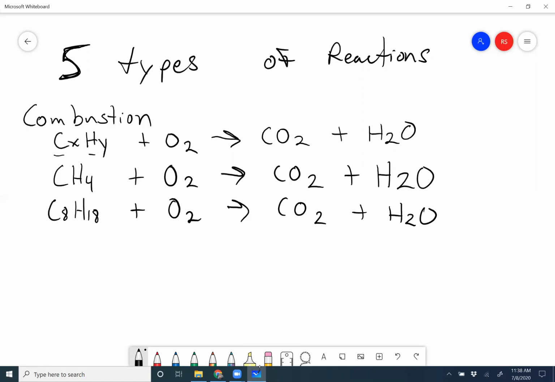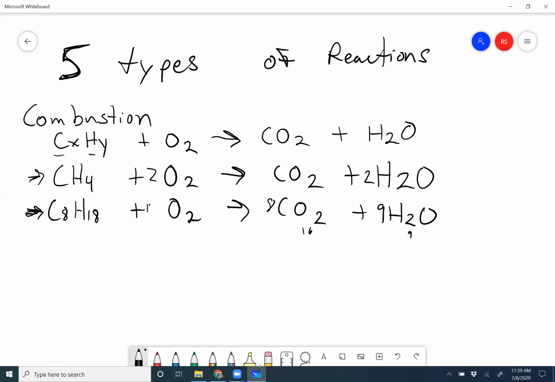And of course, these are fun to balance because sometimes you'll need to do that half an oxygen trick. For the methane one, you don't need to do that because it's very simple to balance. You just simply put a 2 there, which gives us a 2 there. Very easy. But for the octane reaction, we will need to put an 8 here, and we'll need to put a 9 there, which is going to give us 16 and 9, which is what? 25.